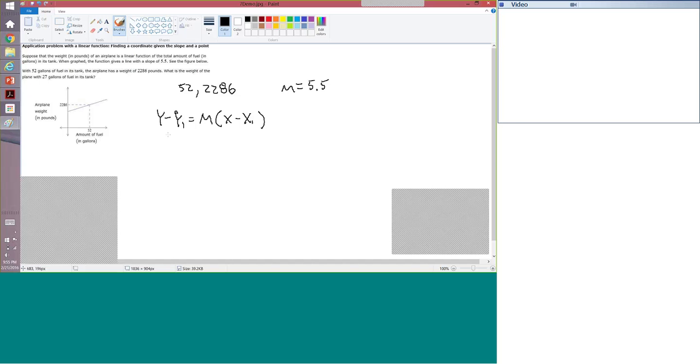So we can plug our numbers in here where we have y minus 2,286 equals m times x minus 52, because 52 is our x1. And they already gave us our x value as well that we need to solve for, which is this 27 right over here.